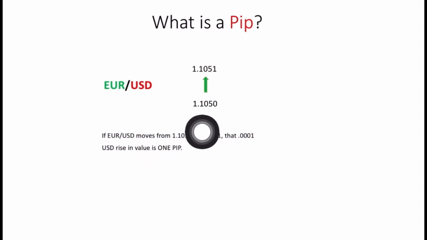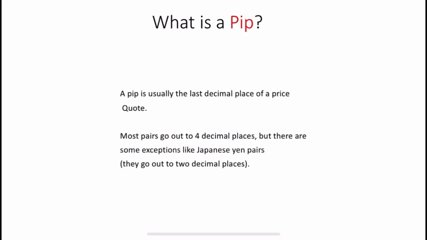So you can see here the rise was by 1 pip. So we have here a 1 pip change. A pip is usually the last decimal place of a price quote.